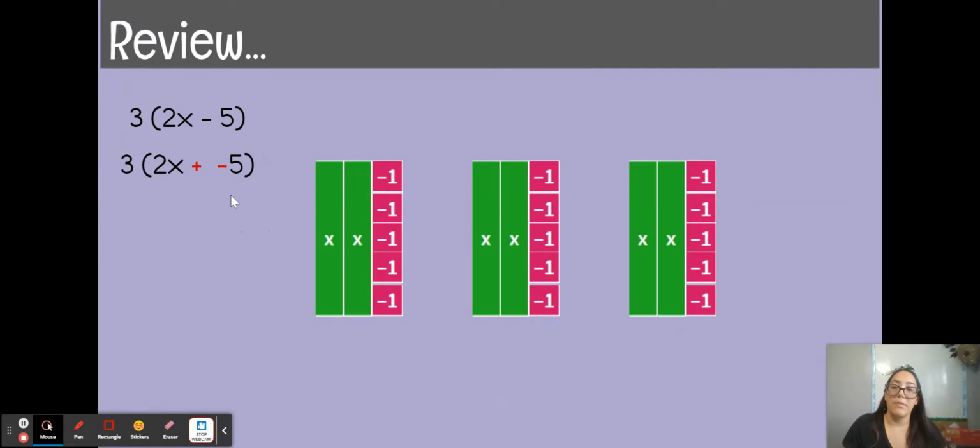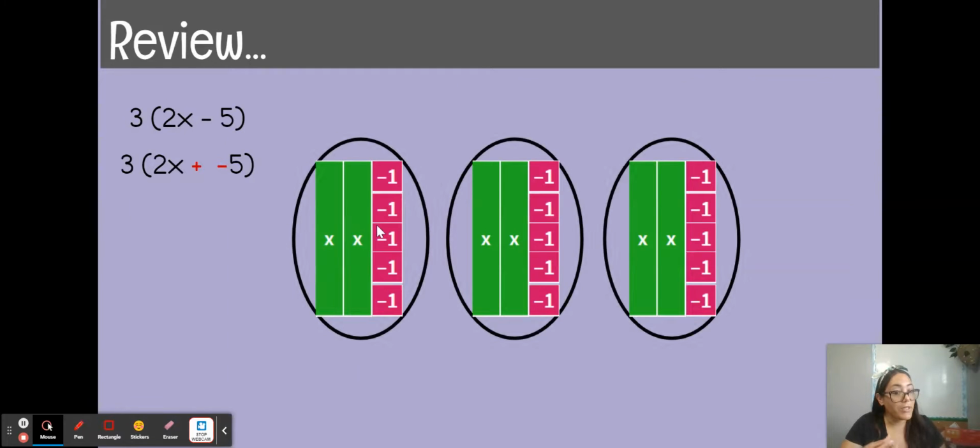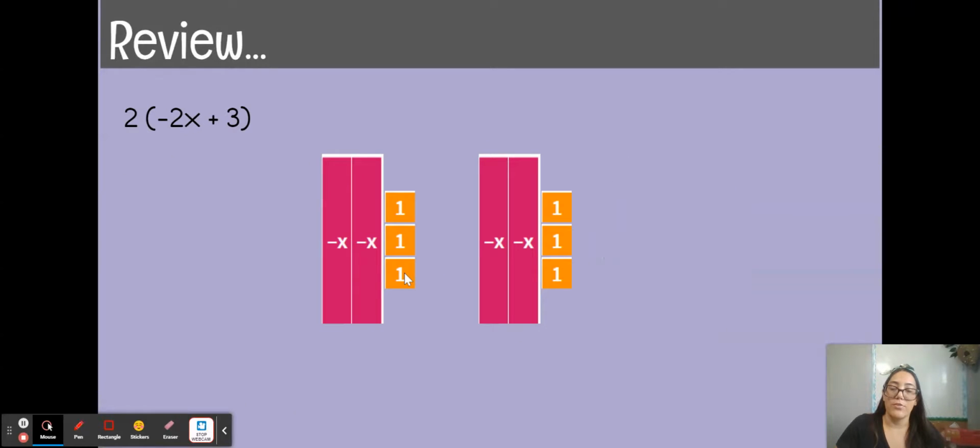Same thing here. If I want 3 sets of the quantity of 2x minus 5, I could model that using algebra tiles, bring together my like terms. I have a total of 6 x's and 15 negatives. So either of those expressions I could use to represent it. And here's one more. 2 sets of the quantity of negative 2x plus 3.